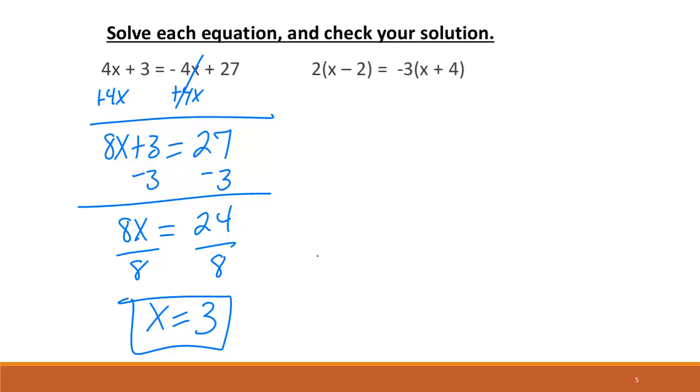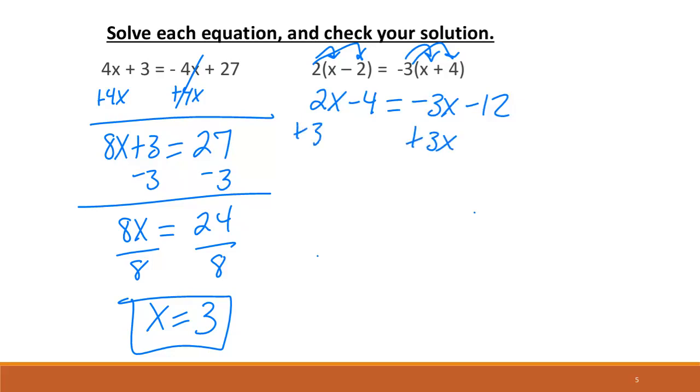Here, I'm going to go ahead and distribute to all of the terms. So on the left-hand side, I get 2x minus 4 equals. On the right-hand side, I get negative 3x minus 12. I'm going to add 3x to both sides. So I get 5x minus 4 equals negative 12.